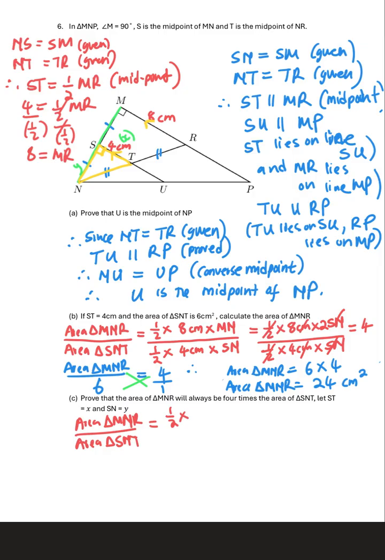Remember, the midpoint theorem says that ST is half of MR. So if ST is X, it means MR must be 2X. So in this case, we know that MR is 2X, right? So we have the base of MR is 2X and the height is MN.